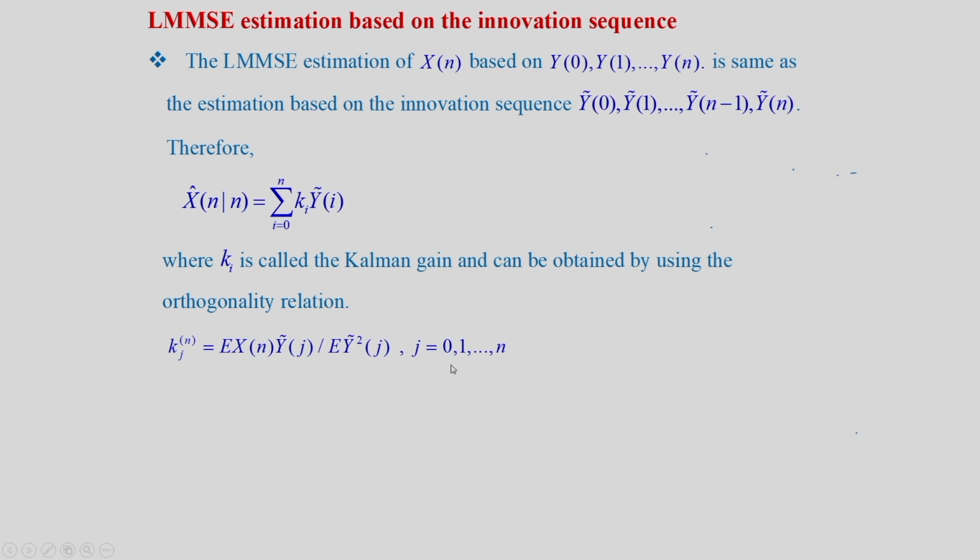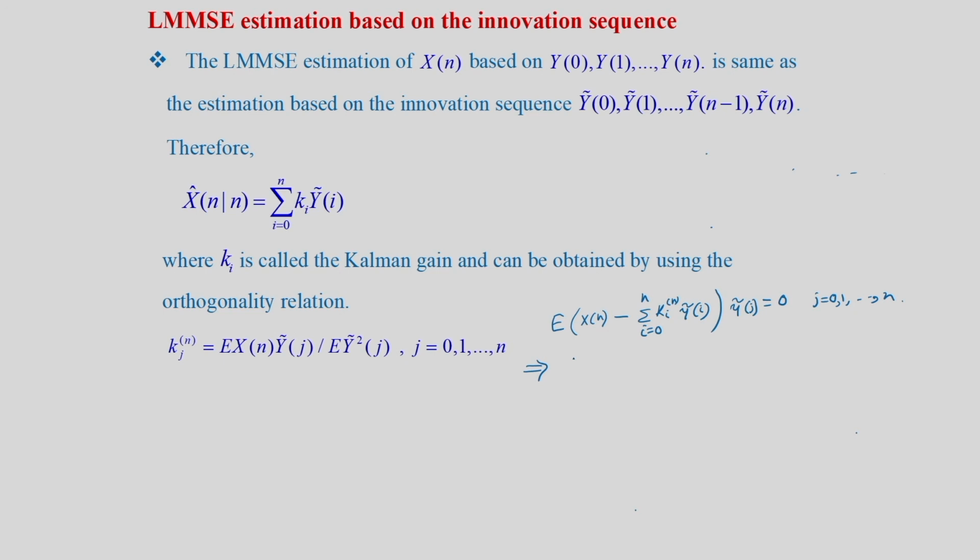We will see how this relation can be obtained, because error is orthogonal to data. Therefore, E of xn minus summation ki n into y tilde i, i going from 0 to n, into y tilde j, this is the error and data is y tilde j, must be equal to 0 for j equal to 0, 1 up to n.